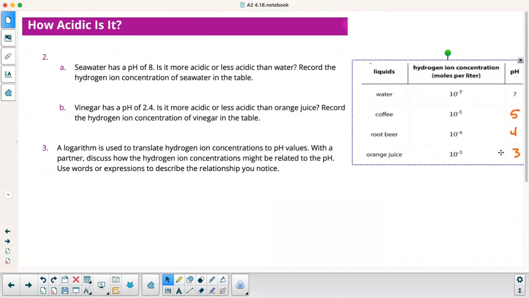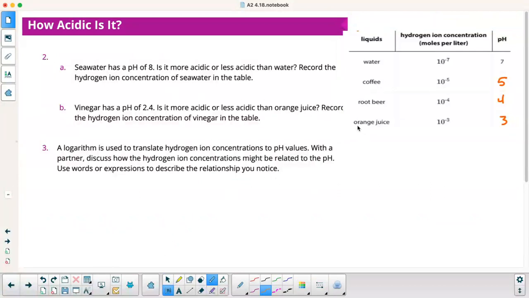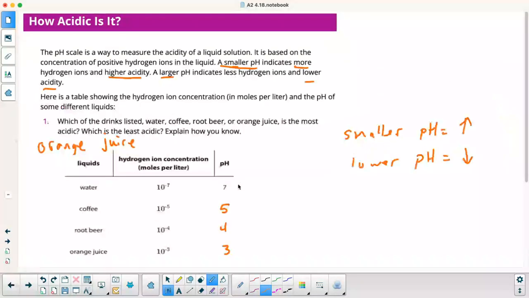I can add that in here. So it says seawater has a pH of 8. So I'll just add it in here. A pH of 8 means that the hydrogen ion concentration is going to be 10 to the negative 8. Is it more acidic or less acidic?